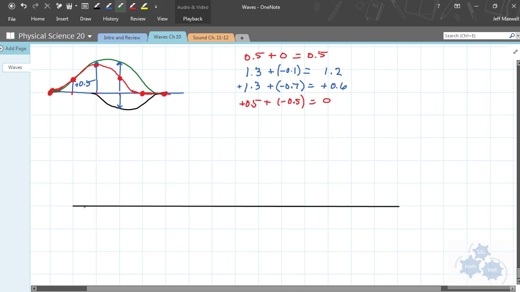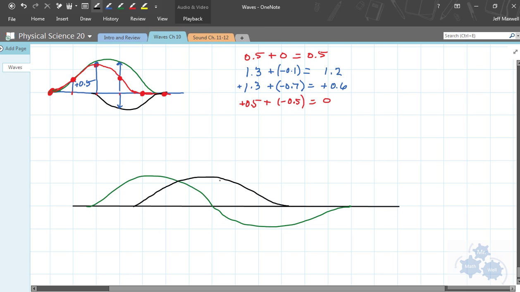And let's have one wave like this. One wave like this. And let's have another wave like that. Okay?